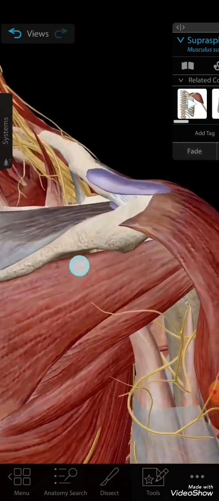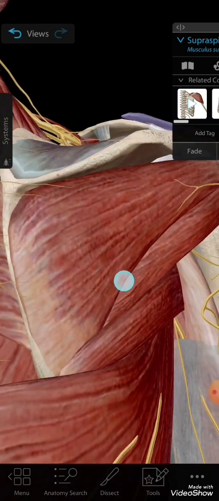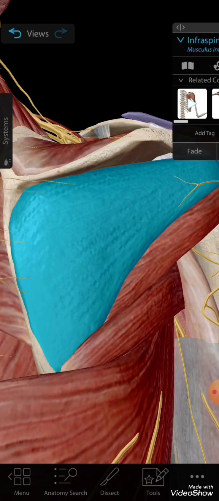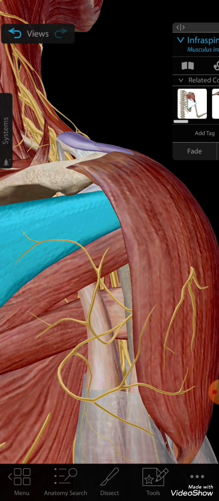And if you can see, it is going towards the humerus on the upper impression of the greater tubercle of the humerus. Okay. Now see, this is the infraspinatus, of course, again from the medial 2/3 of this fossa, and gets insertion on the middle impression of the greater tubercle of the humerus.